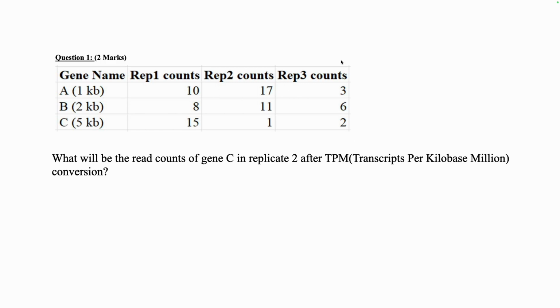We are given the raw reads. We have to normalize our data so that we can analyze it. Here TPM normalization has been given, so you need to convert your data as per transcripts per kilobase million. This is basically used when we normalize our data within the sample. Here is one sample, and for it three replicates are given for each gene.